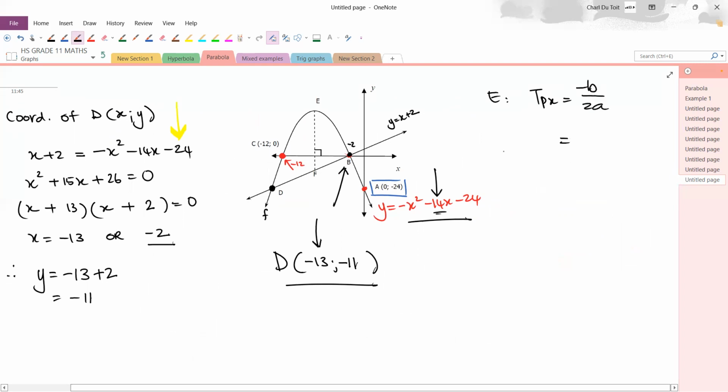So I take that parabola, that's negative, and the b value is negative 14 over 2 times the a value, which is negative 1. And that is negative 7.